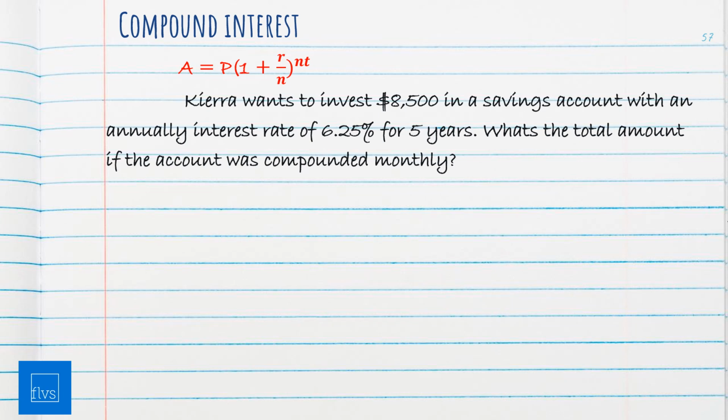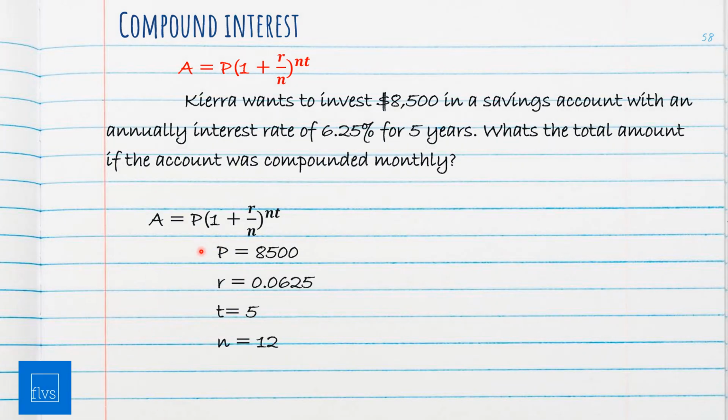Okay, so let's take a look at this example. Kiara wants to invest $8,500 in a savings account with the annual interest rate of 6.25% for 5 years. What's the total amount if the account was compounded monthly? So here we're using this formula.